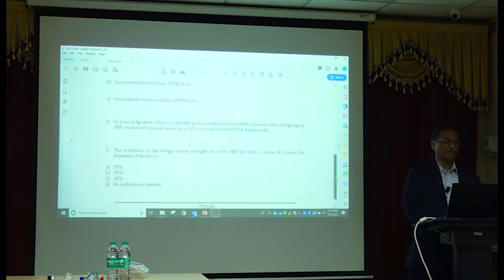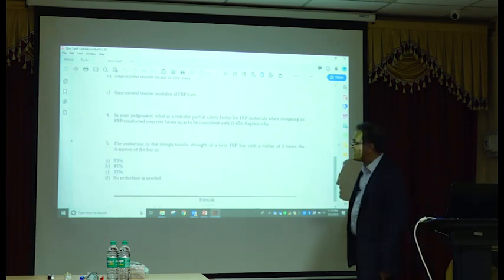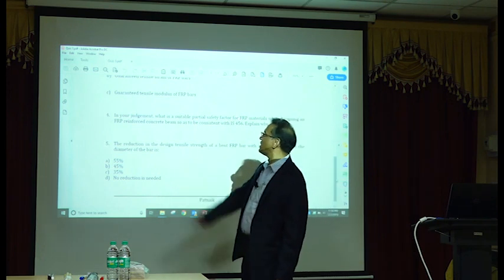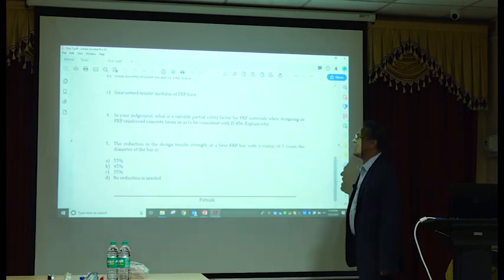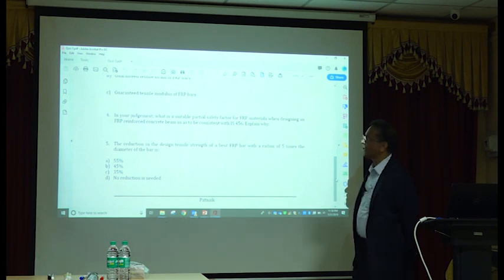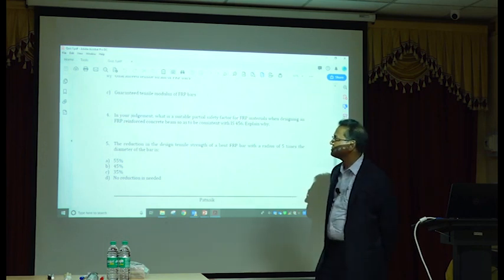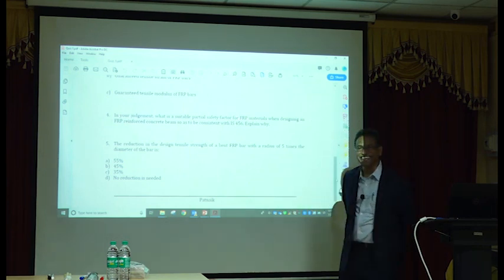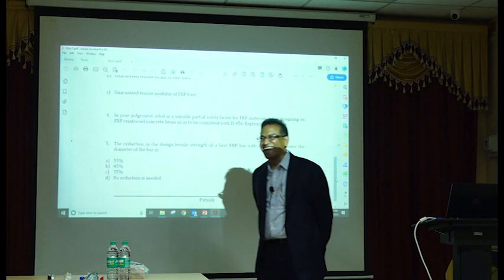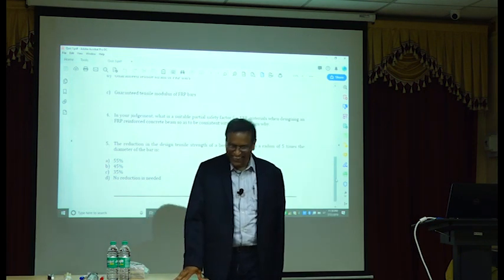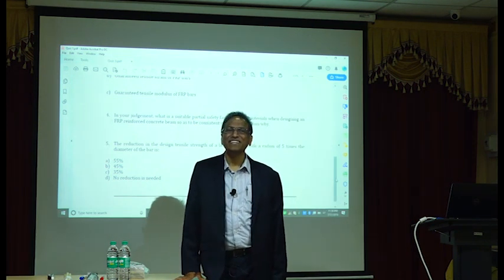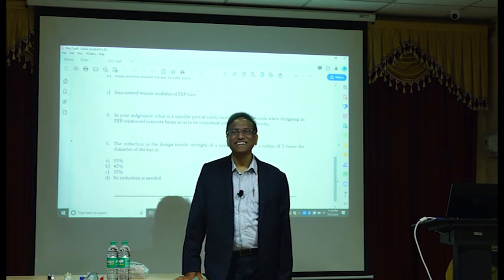Next one. So, what is the reduction? You have to pay attention to the word. Reduction in design tensile strength of a bent bar with radius of 5 times diameter. What is it? 45. See, that's where I said I'm confusing you. When you use that equation, what did you get? 55. So reduction is what? 45.